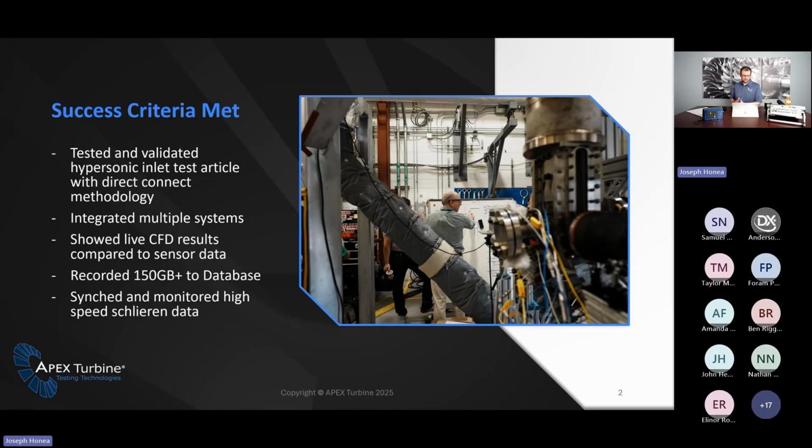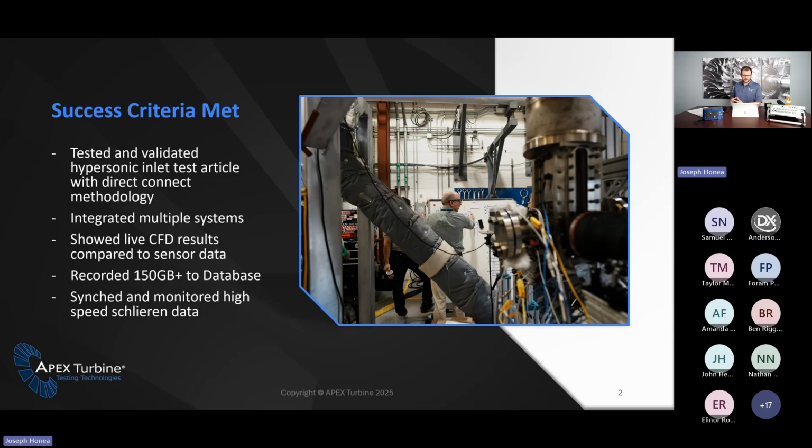We ultimately recorded over 150 gigabytes to database, which I believe was a result of two hours straight of recording all the data, and we were able to synchronize and monitor high-speed Schlieren data.